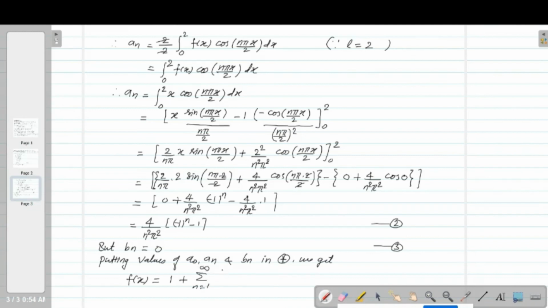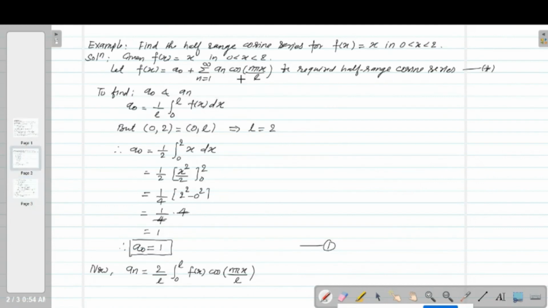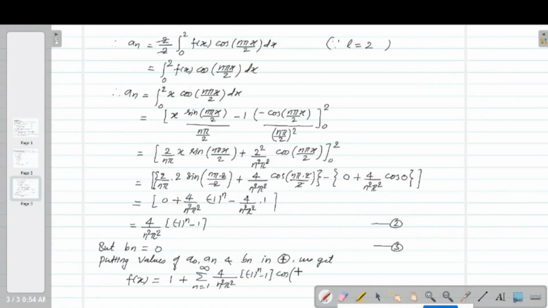An is, we obtained, 4 by n square pi square times minus 1 raised to n minus 1, and write down cos n pi x by L, but L is 2. So cos n pi x by 2. And bn is 0, so no need to write.